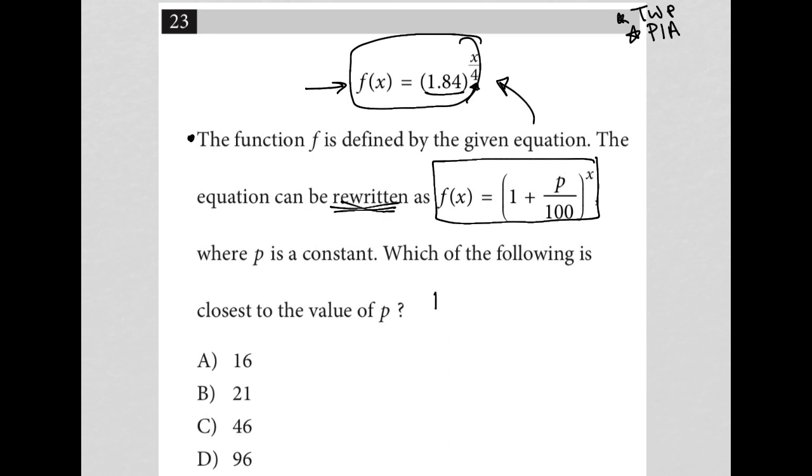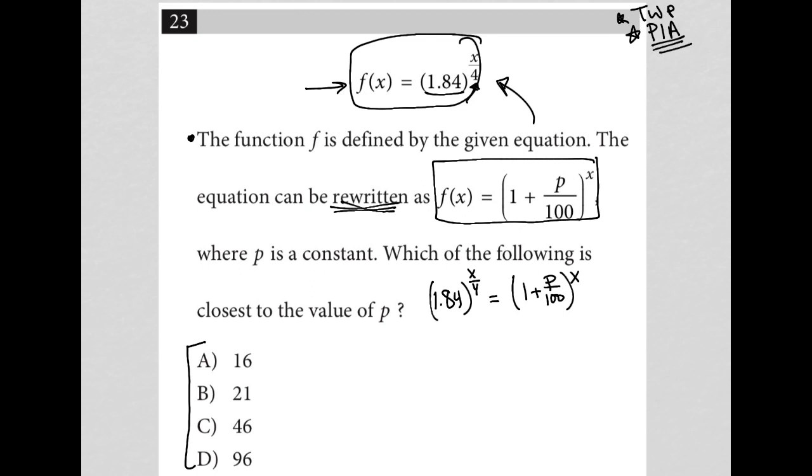That would mean that 1.84 to the x over 4 power is equivalent to (1 plus p over 100) to the x power. So that's the first thing. The second thing is we're trying to solve for p. All these answers represent p values, which means I can use plug-in answers.